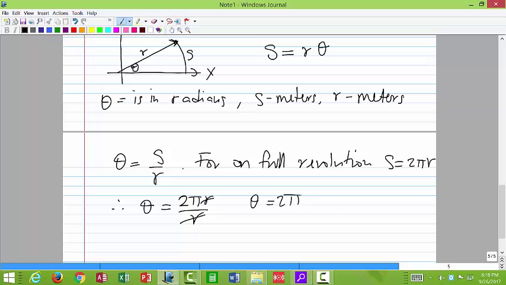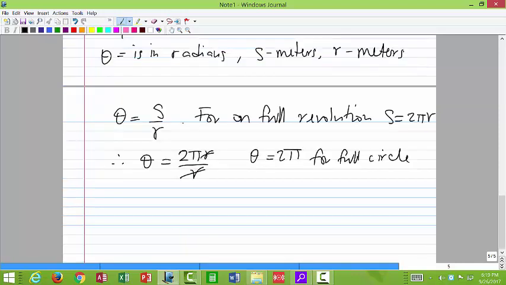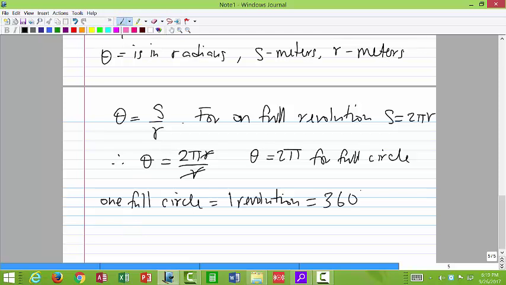Of course, this is also for a full circle. When it goes through one circle, we can say that's one revolution. So one full circle is one revolution, and that's equal to 360 degrees, of course. So we can have some units: one revolution is equal to 2 pi in radians.